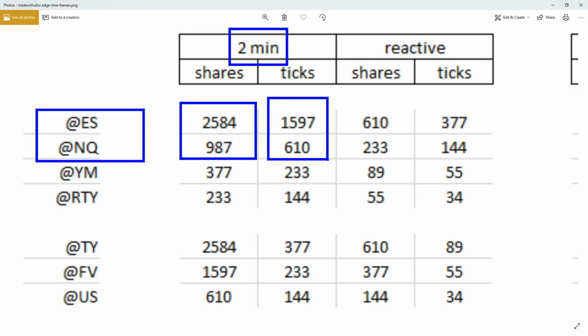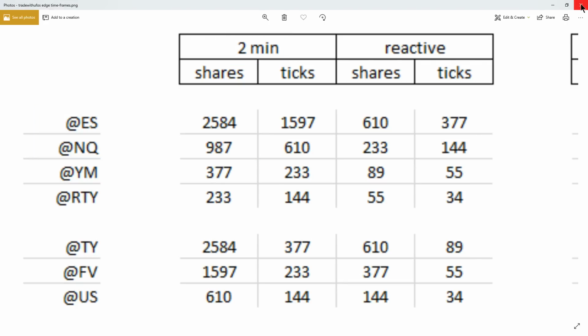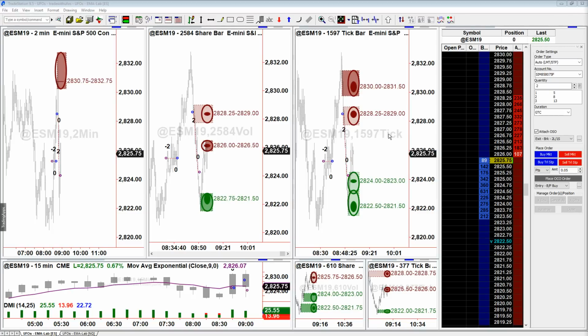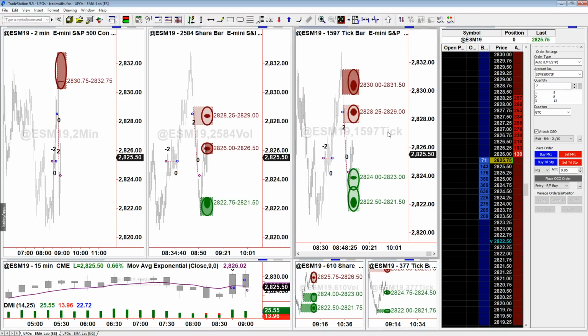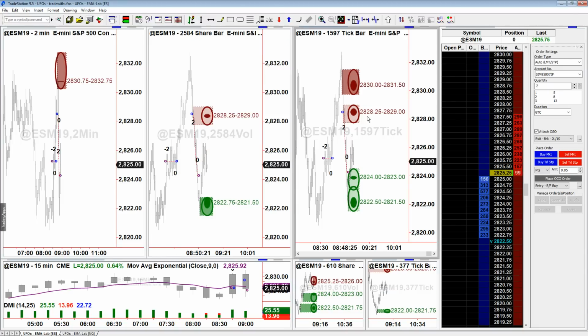So when you say time period, I want to make sure you are referring to time. It's very easy to say time because it's a time frame, and next thing you know it's a share bar or a tick chart, and actually we should not call it time frame, we should call it interval. It's an interval, it's not a time frame, even though we are probably used to calling it time frames because everybody in the world calls it time frames.